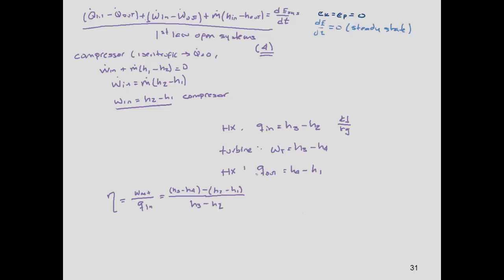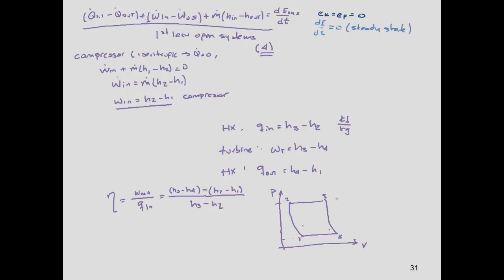If we try to look at this on a PV diagram, we recognize that we have two pressures, right? It's 1, 2, 3, 4.